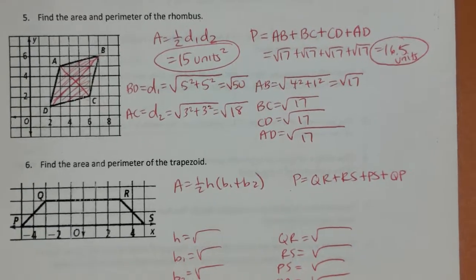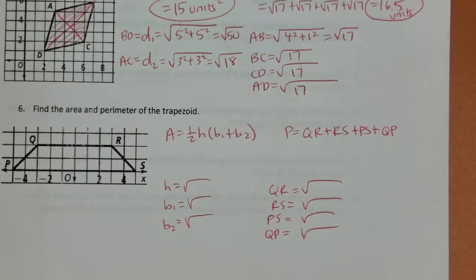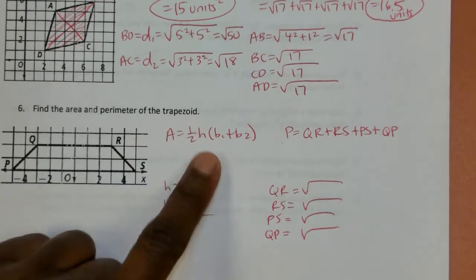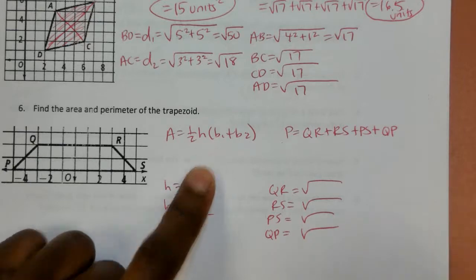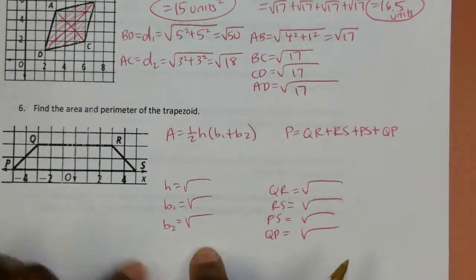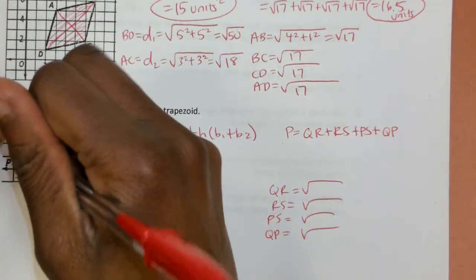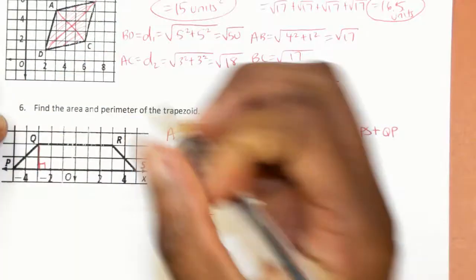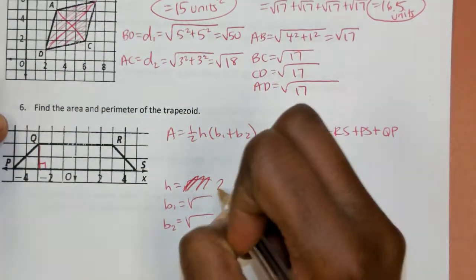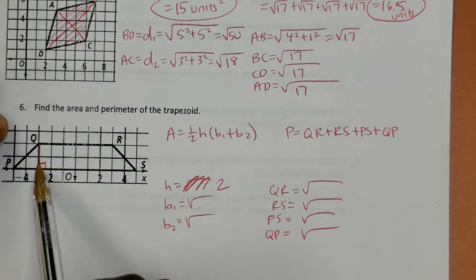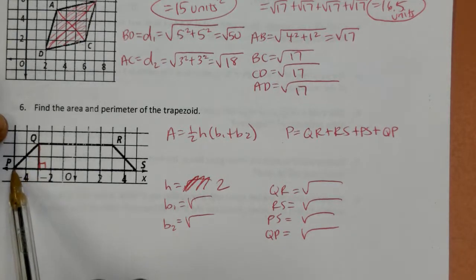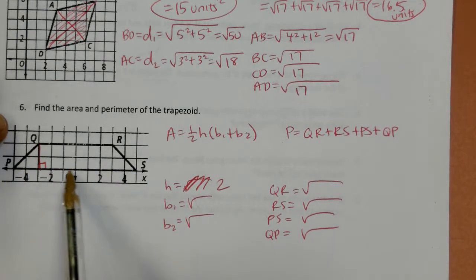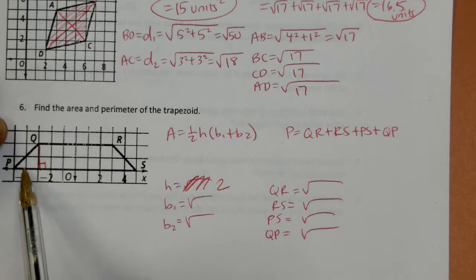Okay, I wrote the square roots on there just because, but we might not use them. So some of these, if it's a horizontal or vertical distance, we don't need to do the square root thing. So if I look at how high this trapezoid is, it's 2 units. And I don't even need a square root. I can just see that it's 2. I can just count 1, 2 units up. Base 1, I can just make this my base 1 and count it because it's a horizontal line.